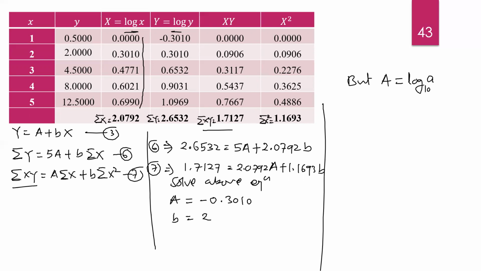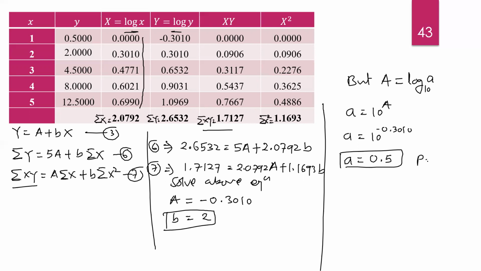Now taking antilog on both sides, we get a is equal to 10 raised to A. Substitute the value of A, 10 raised to minus 0.3010, so that a is equal to 0.5. We have the a, we have the b.